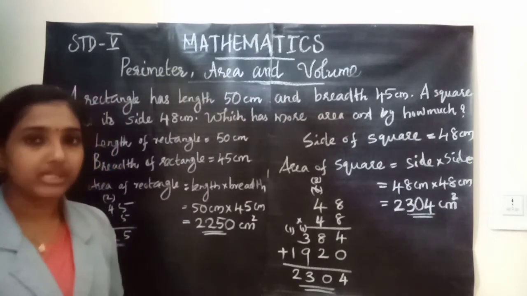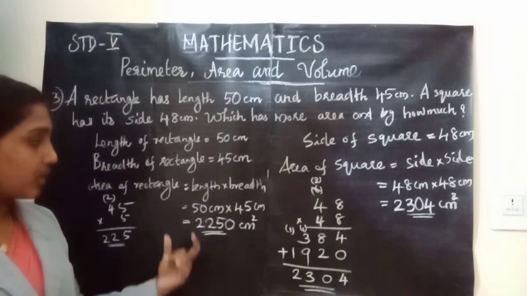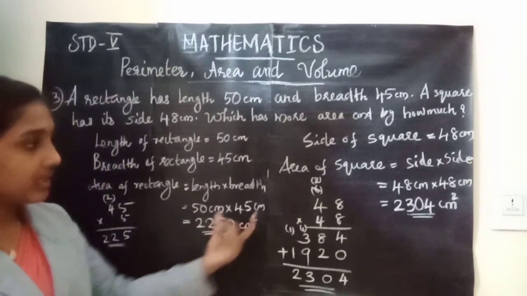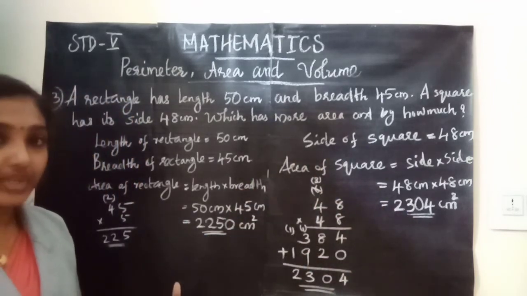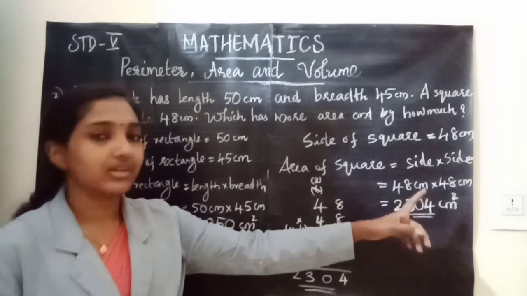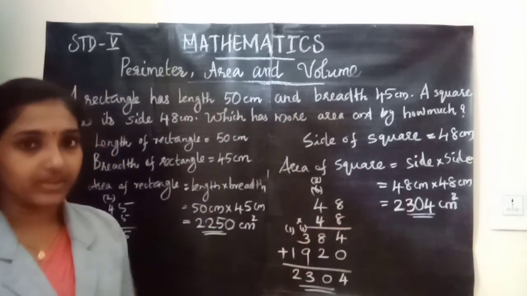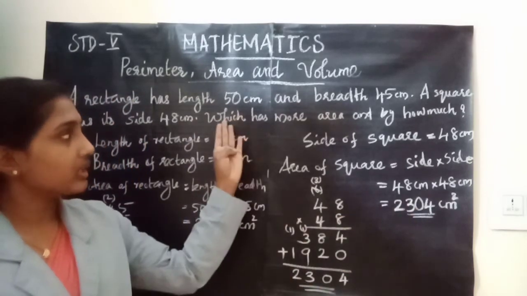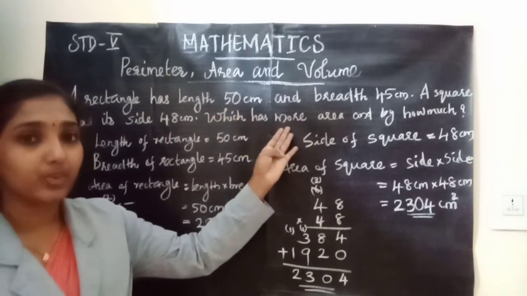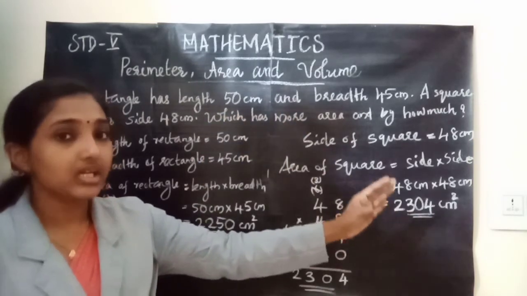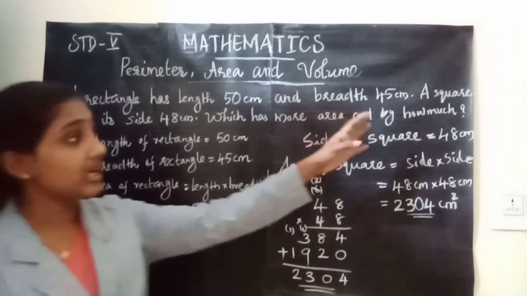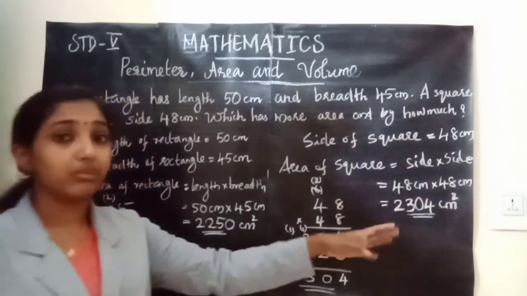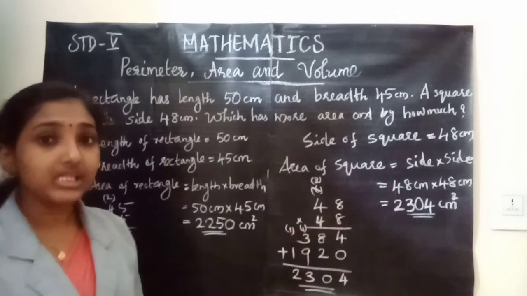2304 centimeter square. So now we got the area of the rectangle and also the area of the square, and see which is greater here. 2304 is greater, right? And so we got the answer for the first part, which has more area. So we know that the square has more area. And now we have to find out by how much the square is greater.